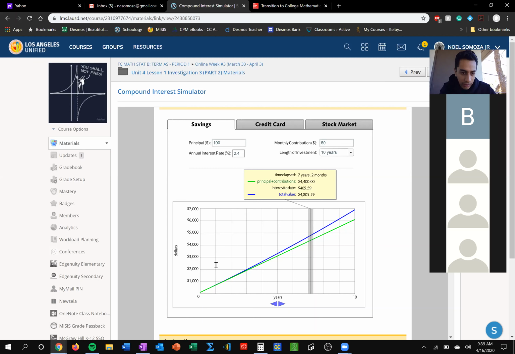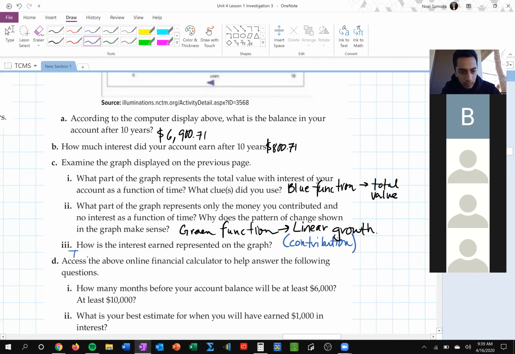So we can say that it's the difference between the total value and the contributions. Okay, but otherwise it's pretty easy to read.